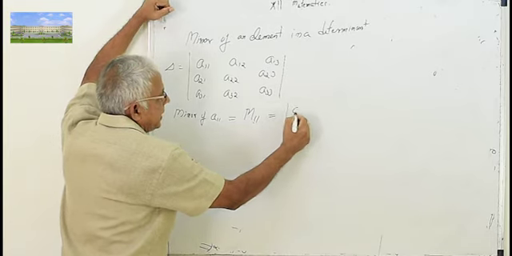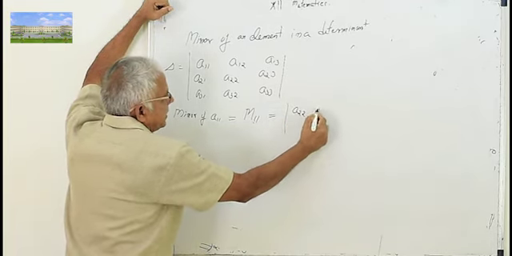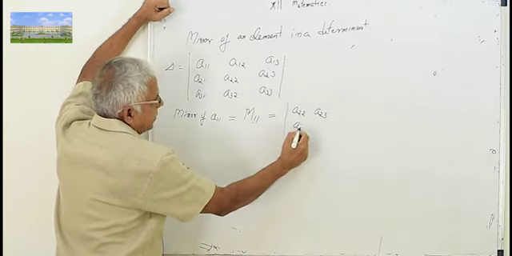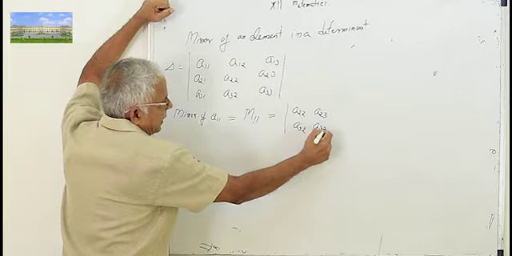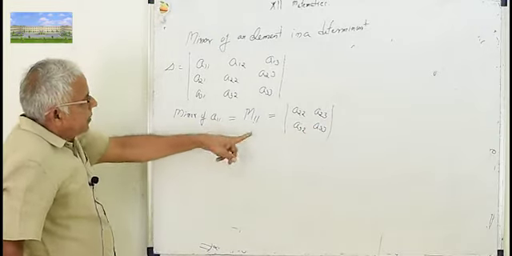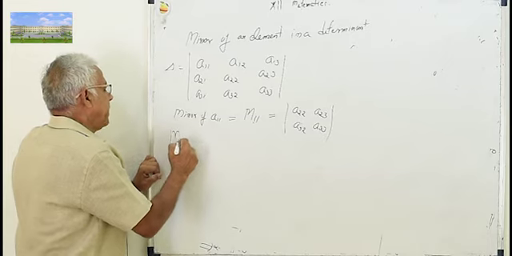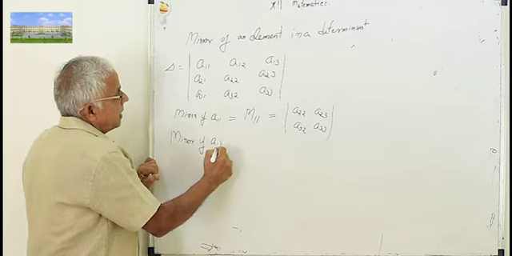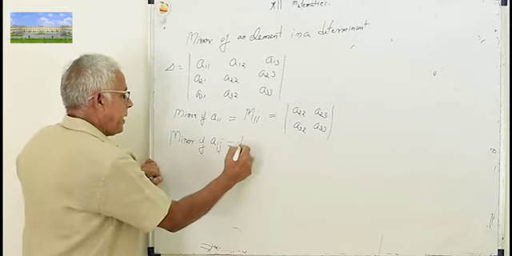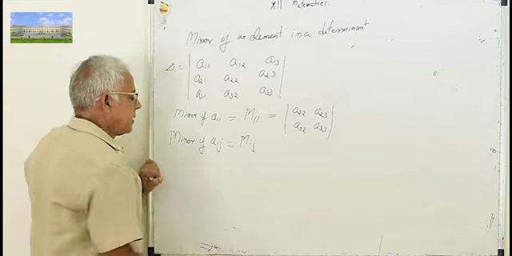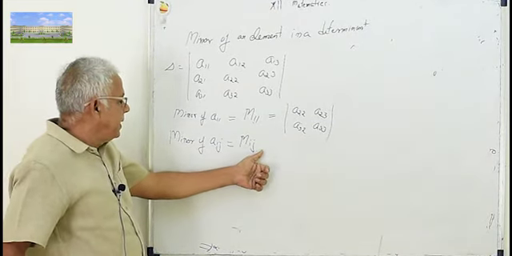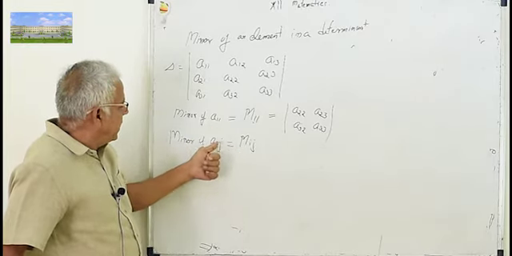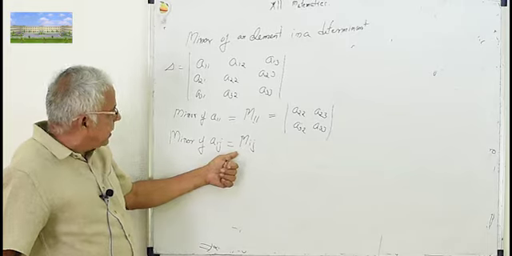That leaves the determinant A22, A23, A32, A33. This is the minor of an element. The minor of an element Aij, denoted by Mij, is the determinant obtained by deleting the ith row and jth column in which Aij lies.